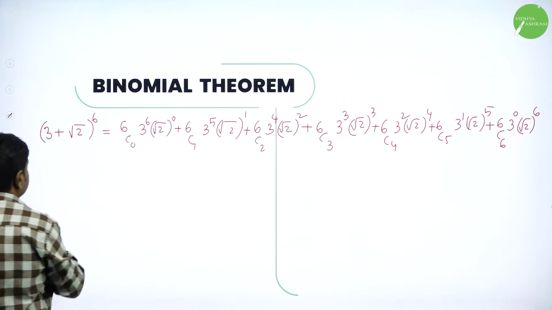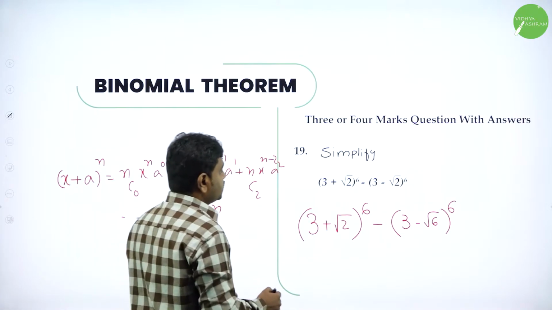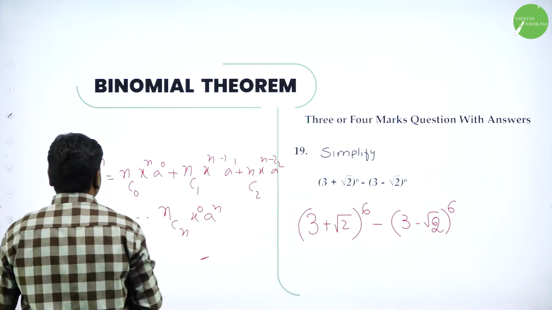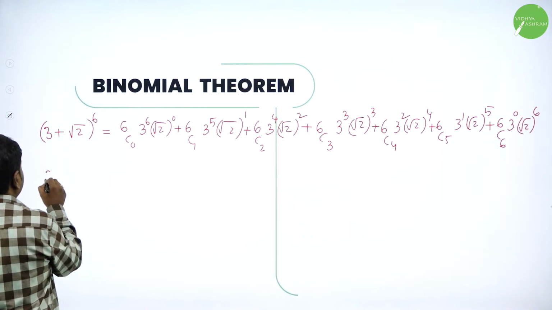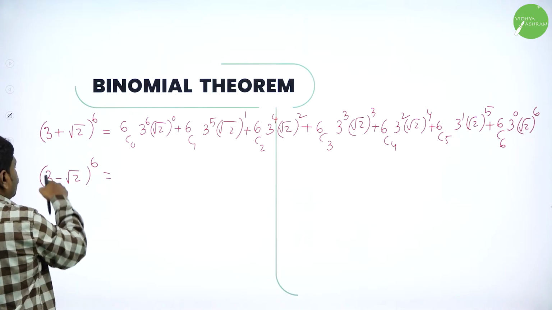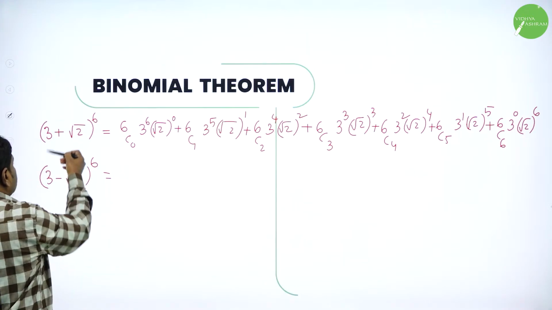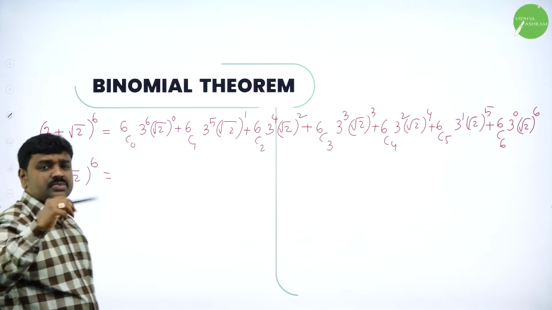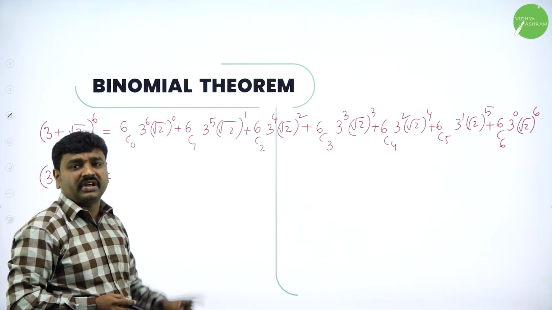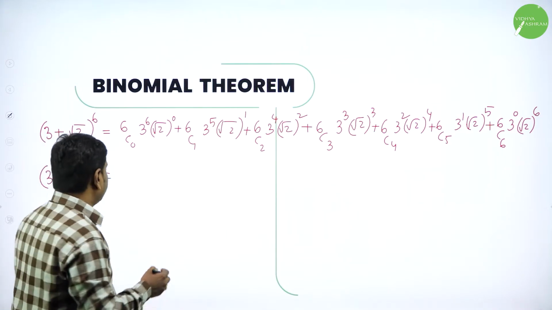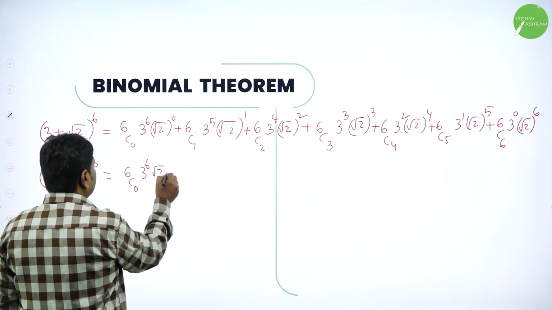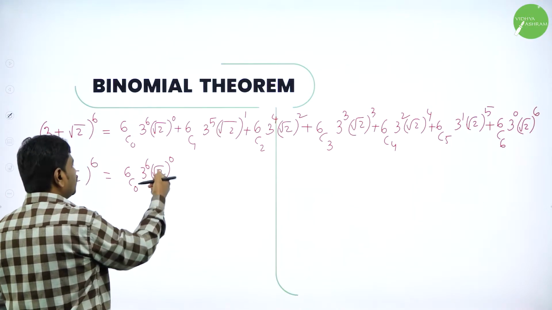Then the next term, if you read the question, is (3 minus root 2) power 6. See here the numbers 3 and root 2 are the same, and instead of plus we have minus. When you have minus, plus and minus alternate. Instead of taking minus root 2 whole square, minus root 2 whole cube like that, you can take plus minus alternating. So first term is plus 6C0, 3 power 6, I'll take root 2 only, power 0, because minus root 2 power 0 is also 1.